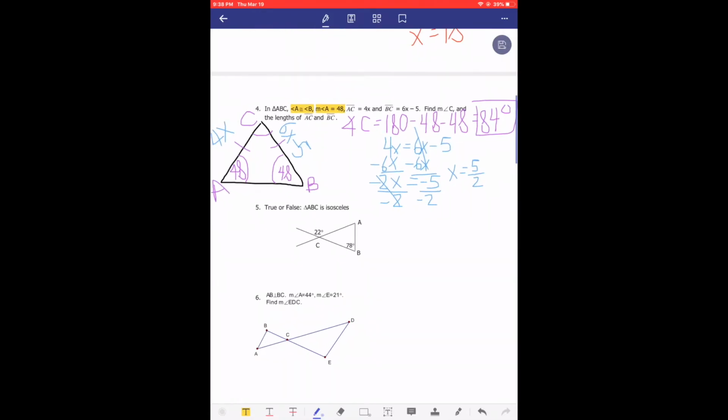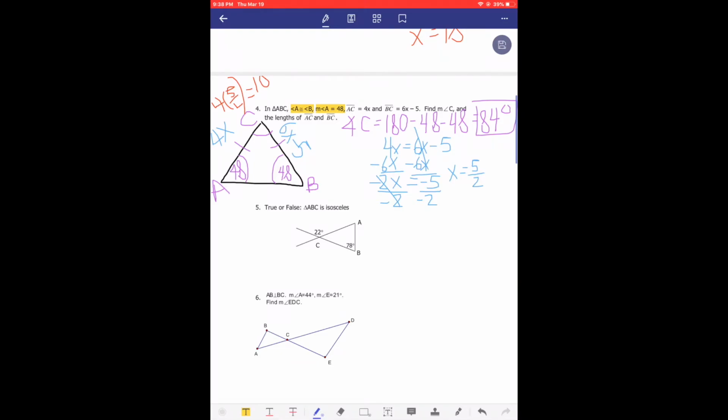Now this problem is not only asking you for x, they're asking you for the sides AC and BC. So to plug that back in, AC was 4x, you'd plug in 4 and then parentheses 5 over 2. When you plug that in, you're going to get 10. So line segment AC equals 10.